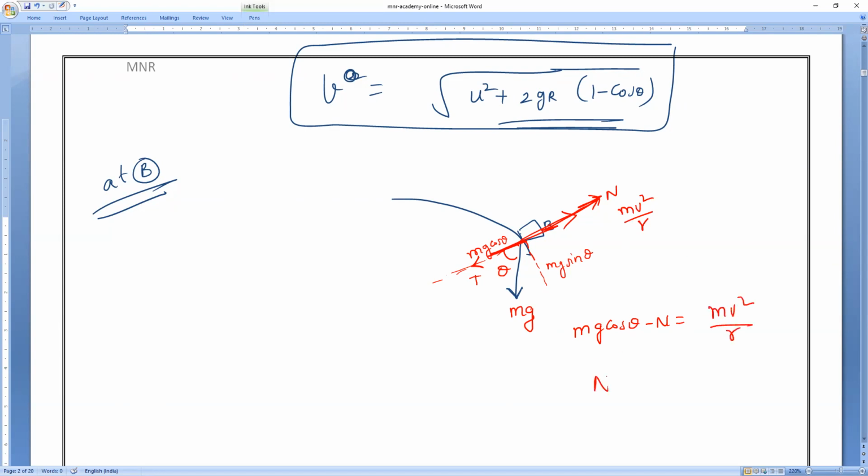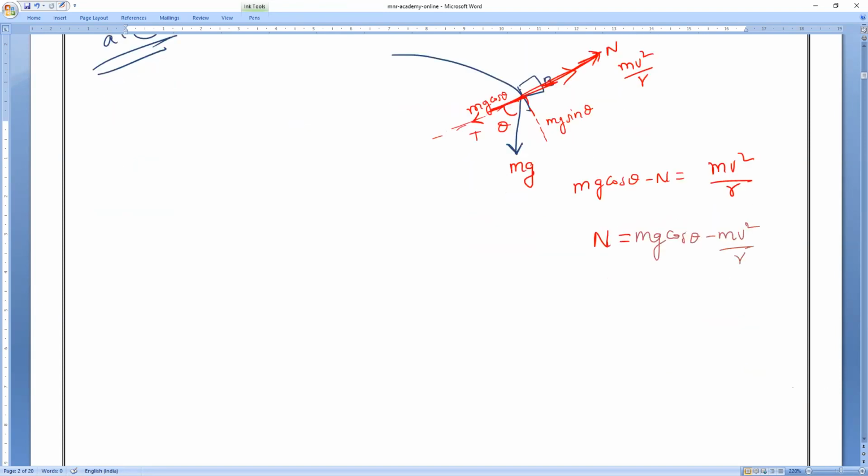So now from that, N is equal to, what will happen, guys? N is equal to mv square by r plus... oh sorry, minus. So it will come to this side. My N will go this side and it will come this side. So N is equal to mg cos theta minus mv square by r.